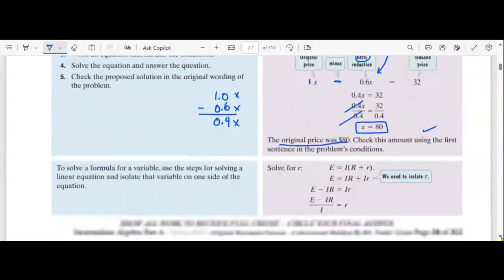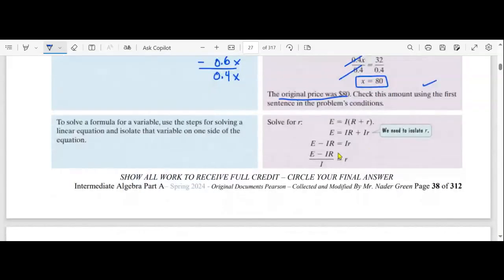Let's go now for the formula. He's giving you a formula. I think it's energy. E equals I, open parentheses, capital R plus small r. Now, he's asking you to solve for what?